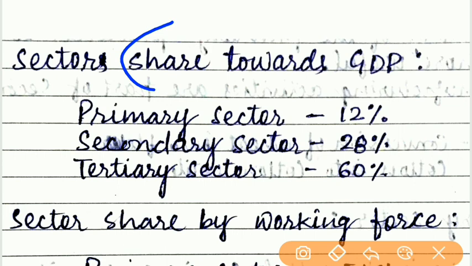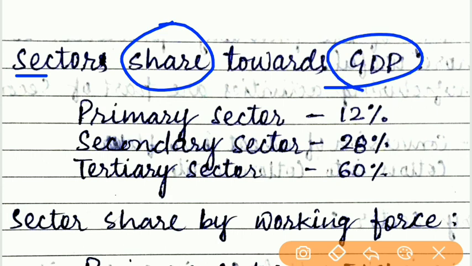Now let us talk about the share. So sectors' share toward GDP. GDP is an acronym of gross domestic product. It is a parameter to know about the development of our country.